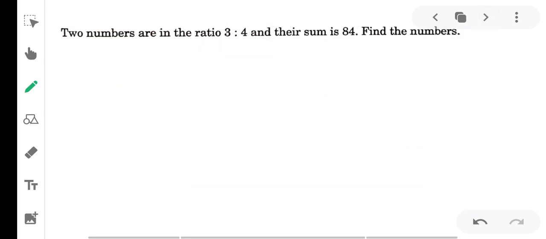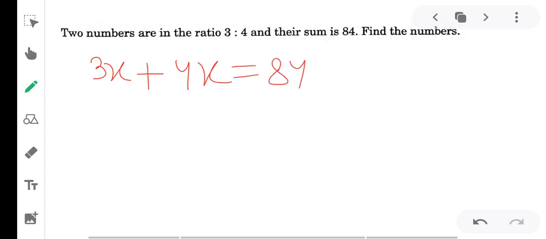Next question: two numbers are in the ratio 3:4 and the sum is 84. Find the numbers. So let the two numbers be 3x and 4x. Then according to the question, their sum is 84.